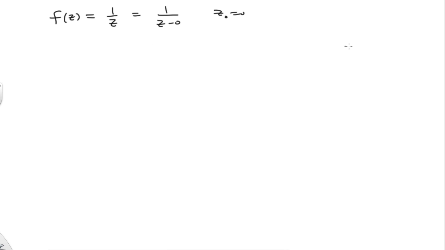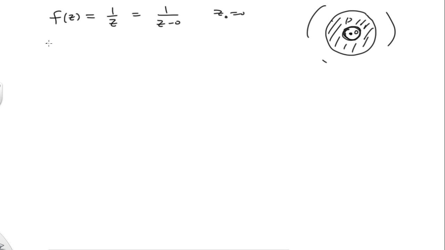So we have a singularity there, our 0 point. And so the domain of analyticity could be just any annulus where I take out the 0 point. It's analytic everywhere else, so I can make that annulus as big as I like. So the idea then is to use the formula.